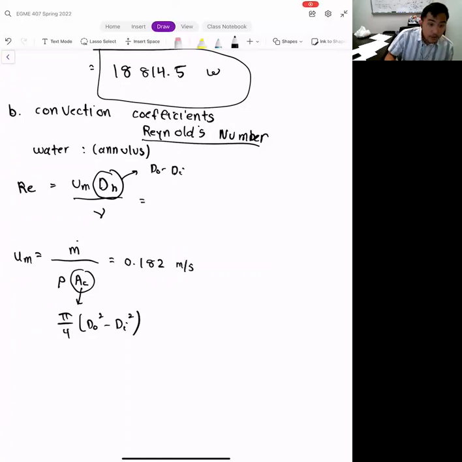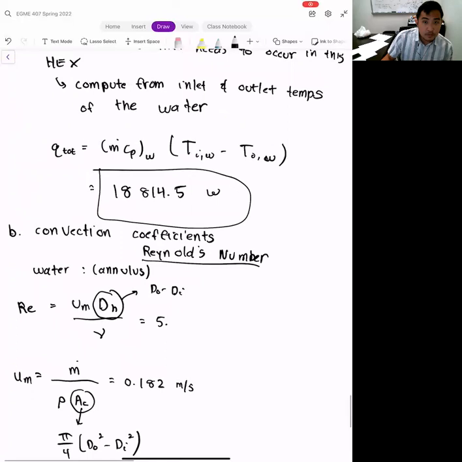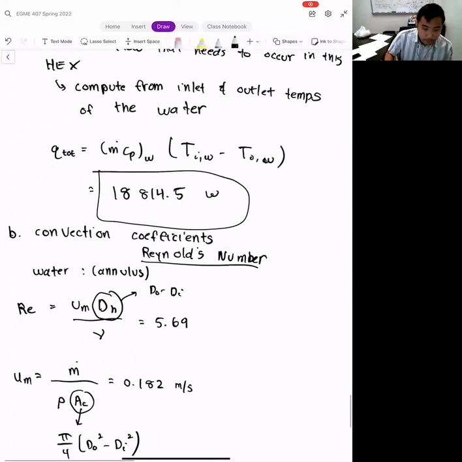If we compute the Reynolds number from this, we get 5.689. We'll just round up to 5.69. Of course, this is a very small Reynolds number, and so this means our flow here is laminar.